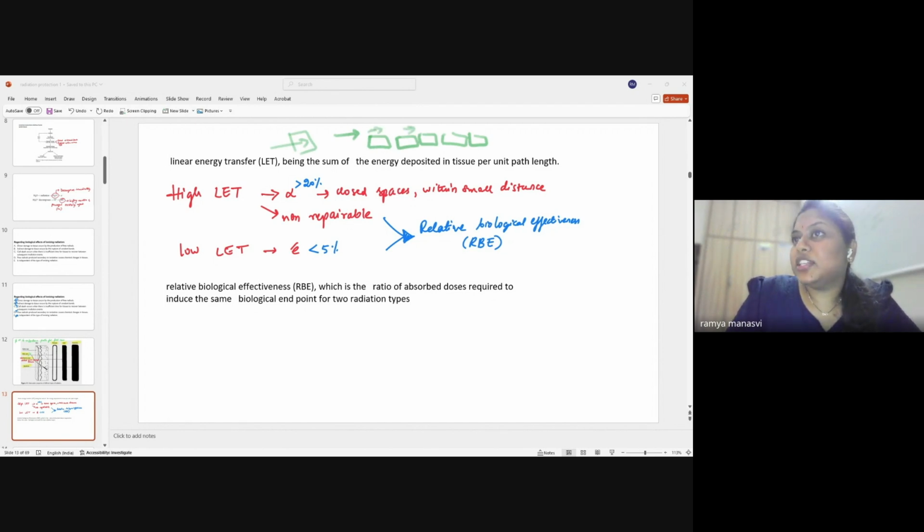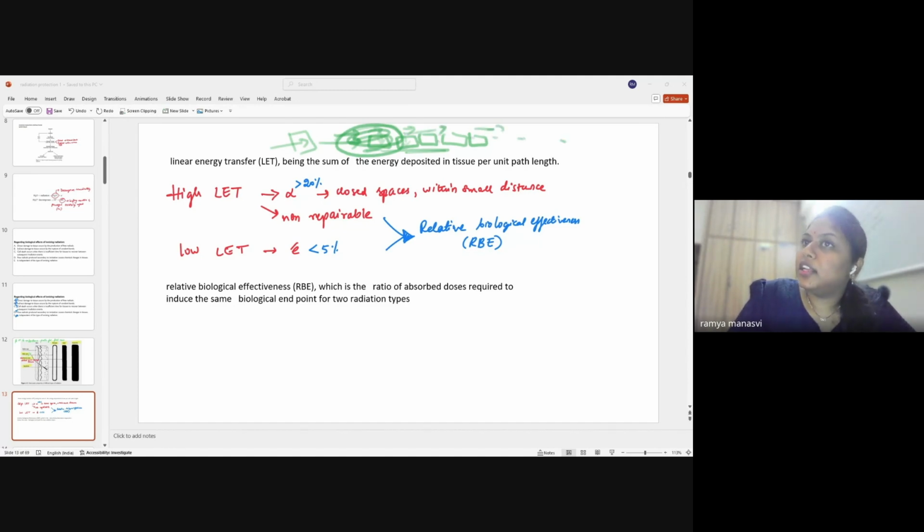How much energy they deposit per unit length is the linear energy transfer. For alpha rays, the range is so short that they deposit their entire energy very near to them. Whereas X-rays and electrons deposit the energy a bit farther.